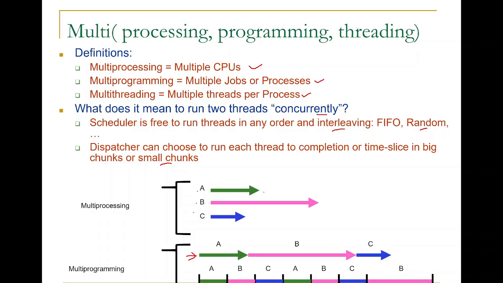Let's say these are 3 different processes, A, B, C. They arrived at the same time within the system. So these are multiprocessing, but multiprocessing means that you have multiple processes in. So A runs, then B, and so on.